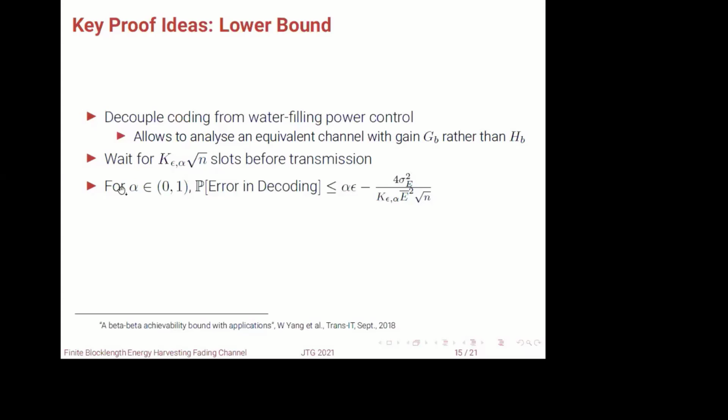Now it involves some analysis, but it can be shown that the probability of error in decoding can be upper bounded for any alpha by these two terms. And the second term that you see here corresponds to the probability that enough energy was not harvested in the initial waiting slots.